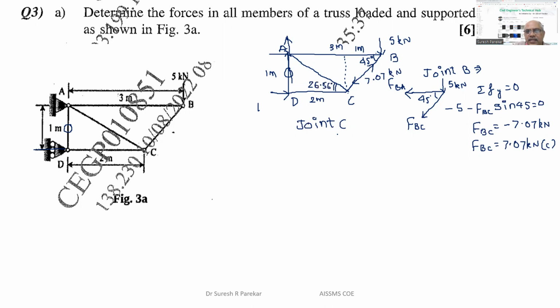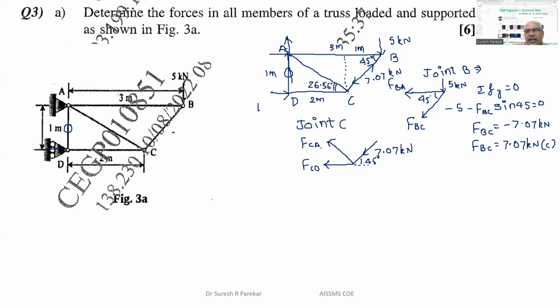And then if I will consider joint C, then we are in this fashion. Now we have this as 7.07 kilonewton, making this angle 45 degrees. This force we have FCA, and this force we have FCD.